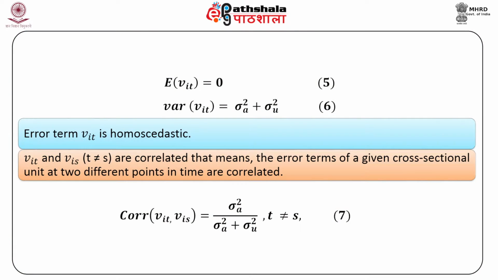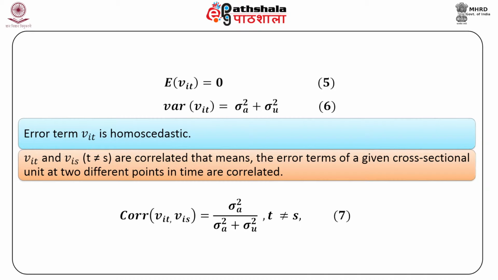From assumptions stated above, it follows that the expectation of v_it is equal to 0 and the variance of v_it is equal to sigma squared a plus sigma squared mu, that is variance of a plus variance of mu. The above equation shows that the error term v_it is homoscedastic.